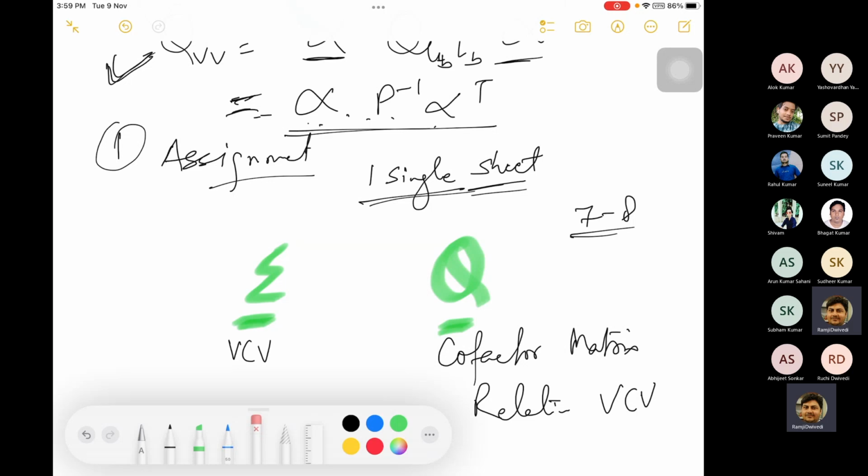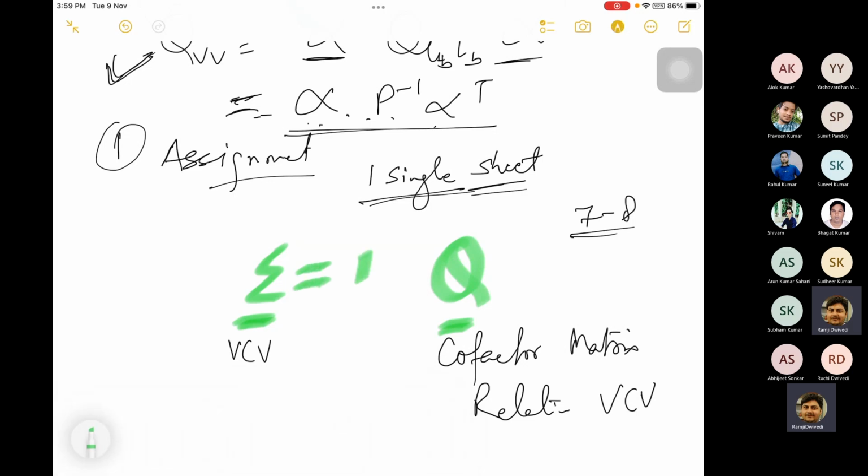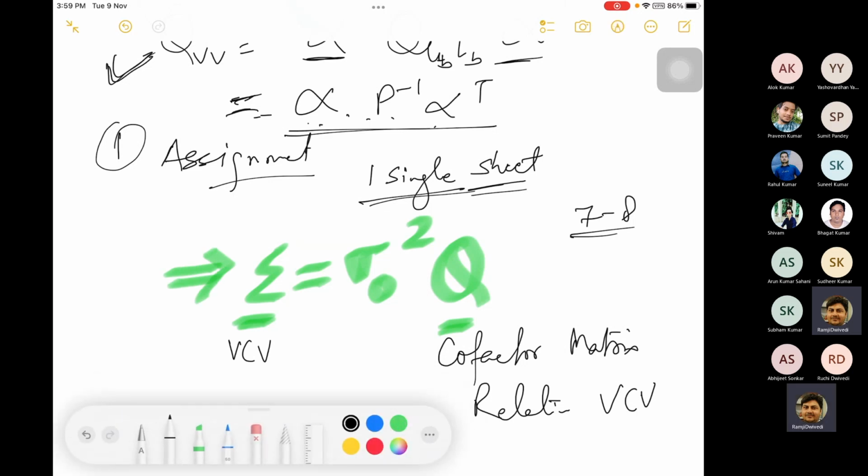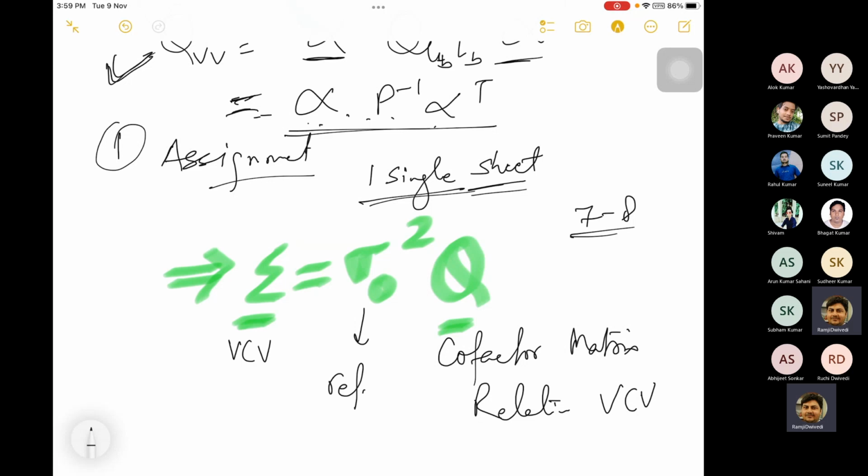So the relation is very easy. It is sigma equals sigma naught squared times Q. And what is sigma naught? It is the reference variance, generally taken as 1, but you may take a value also based on your experience. That's no problem.